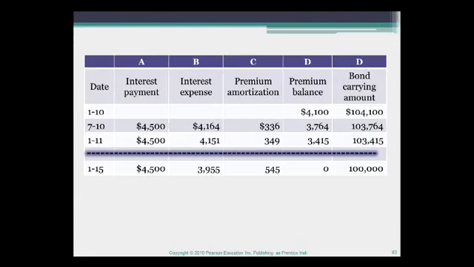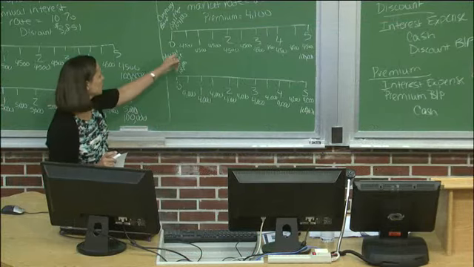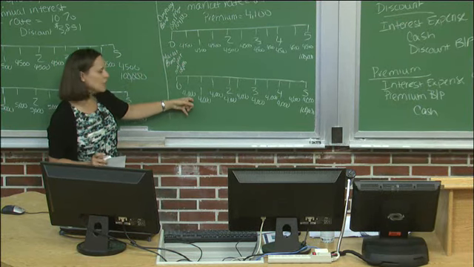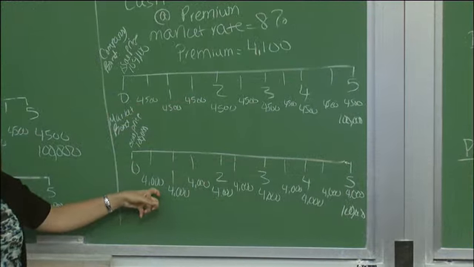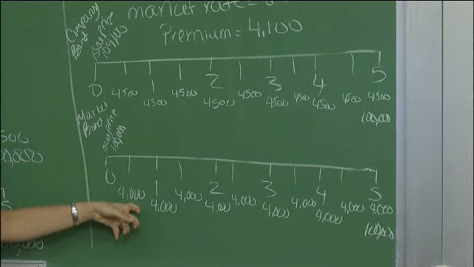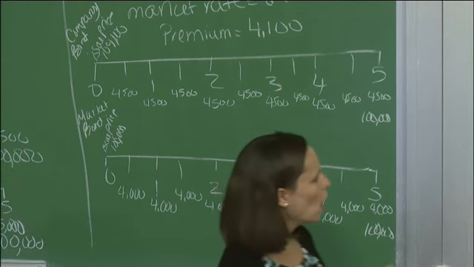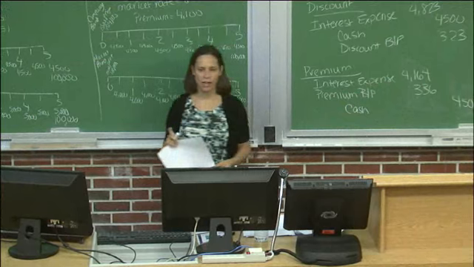Okay, which when we look at these cash flows, that's what we expect, right? Because this company's bond paid $4,500 of interest each period. The market bond only paid $4,000 of interest. So we need to get this closer to $4,000. Why is it higher than $4,000?